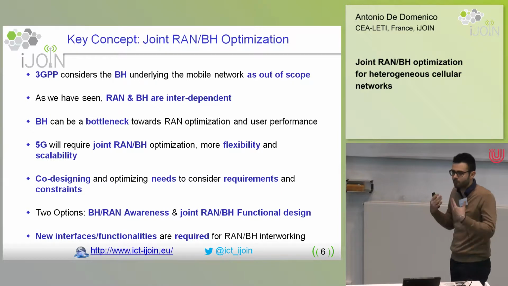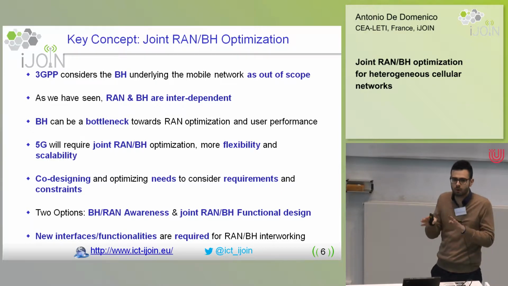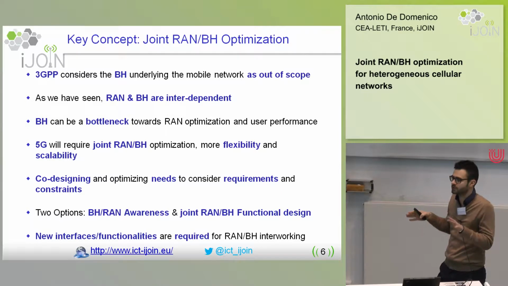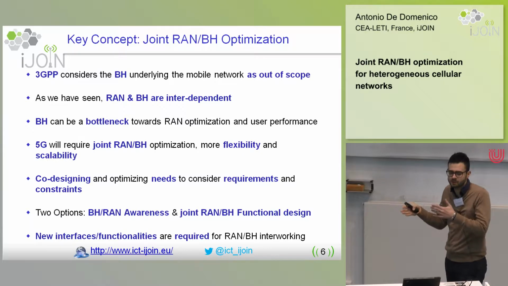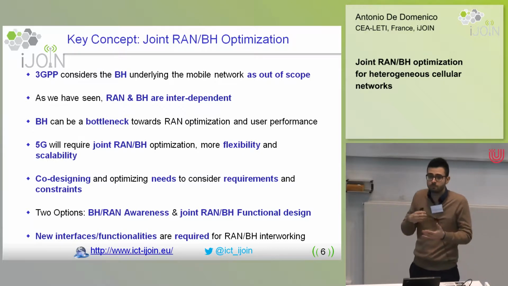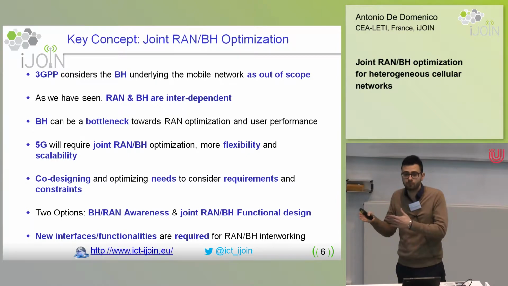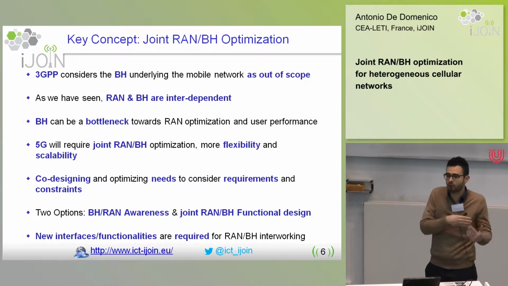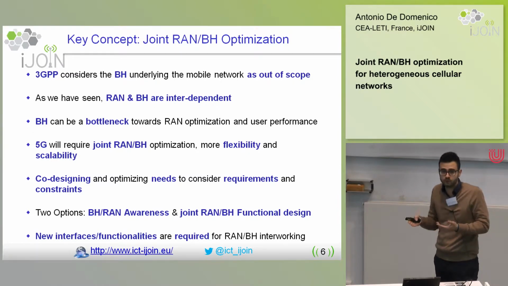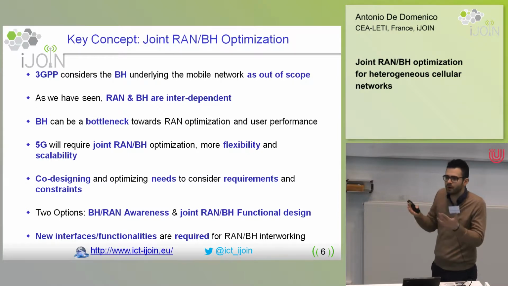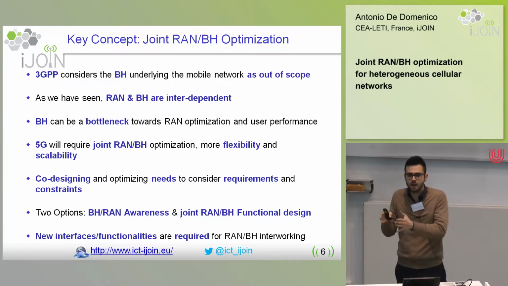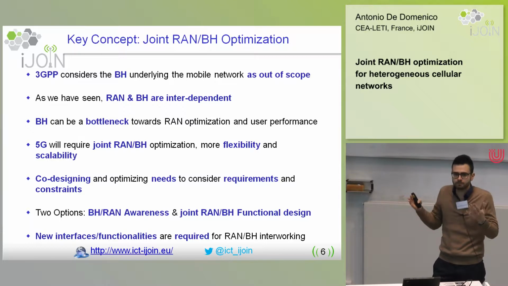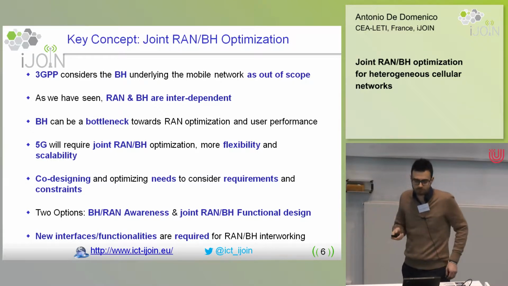So from our vision, there are two main ways to implement this concept. Either you can have RAN functionalities or backhaul functionalities that take into account their counterpart's constraints, or you can design brand new functionalities that go across these two networks and are more performing.